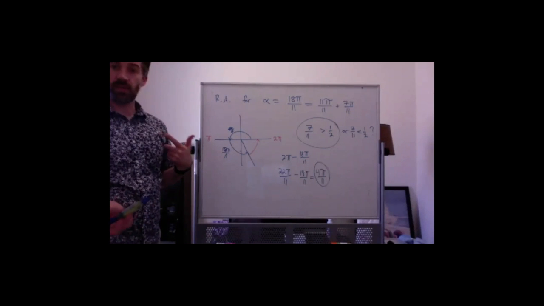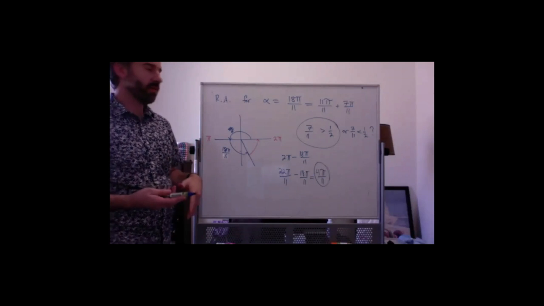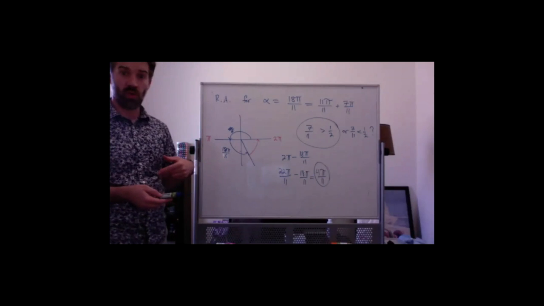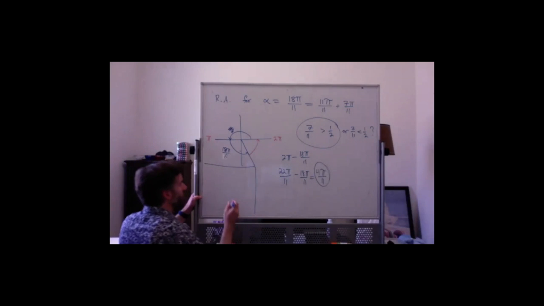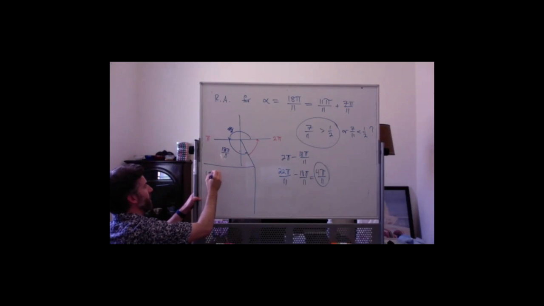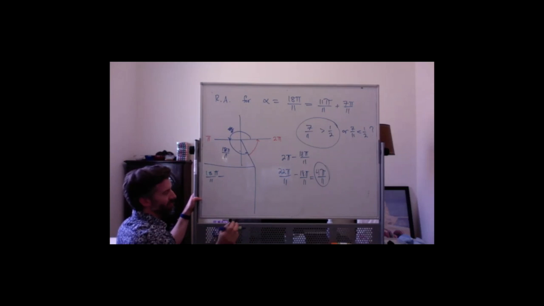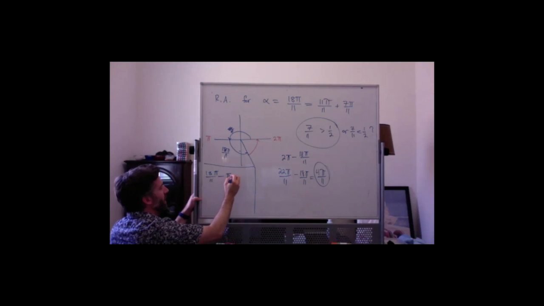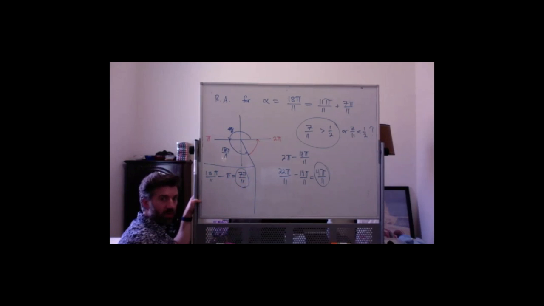Just as something to be aware of, let's say we accidentally made a mistake. Let's say that we thought our angle was in quadrant 3. And so we said, well, if it's in quadrant 3, I'm going to do 18 pi over 11 minus pi, which is 7 pi over 11. If we said that was our reference angle, we would maybe then notice, oh wait, that reference angle is too big, right?